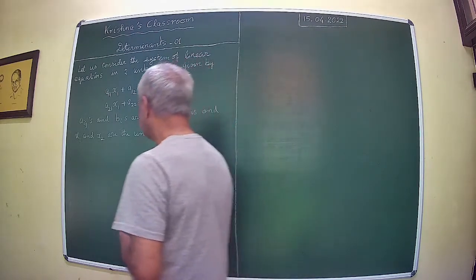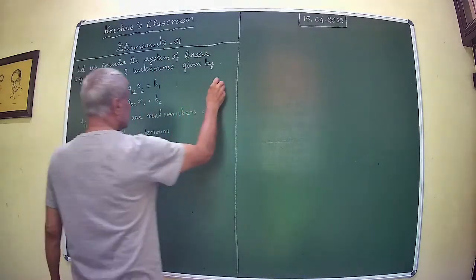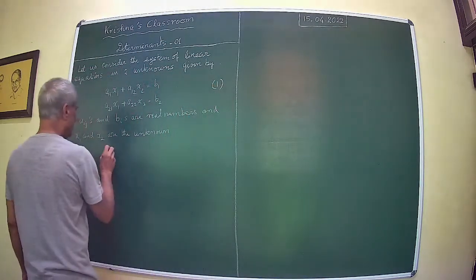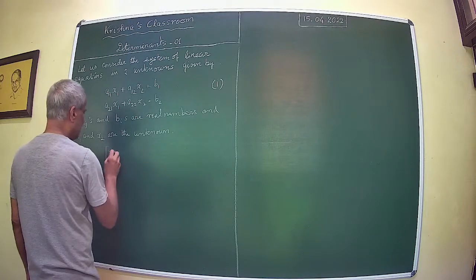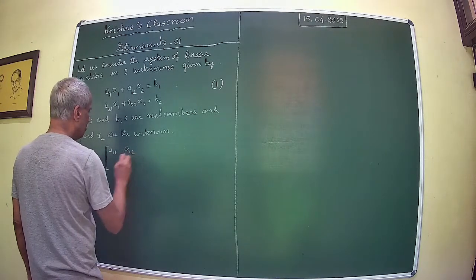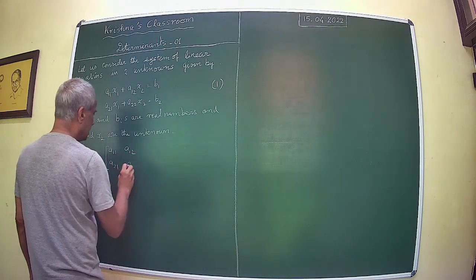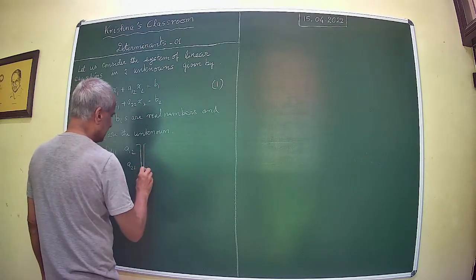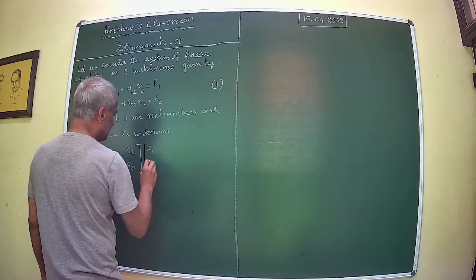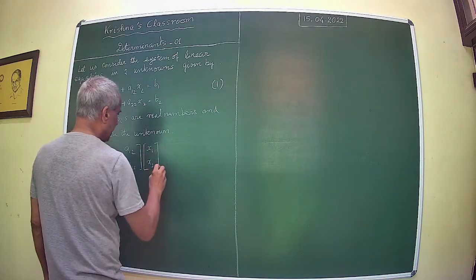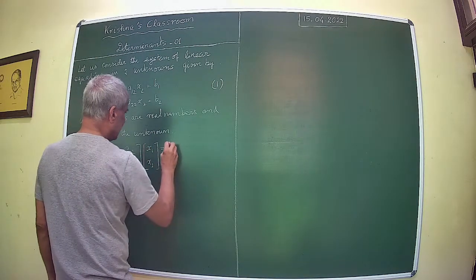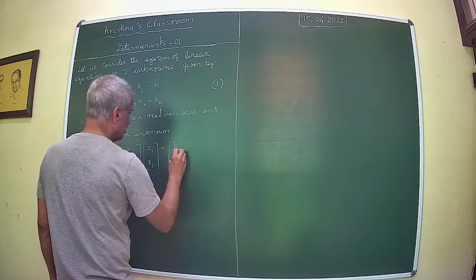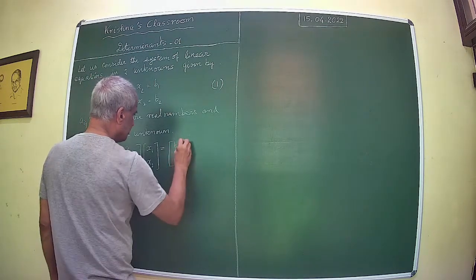What is it? You can rewrite these equations 1 in the form A11, A12, A21, A22, multiplying the vector x1, x2 and giving rise to the vector b1, b2.